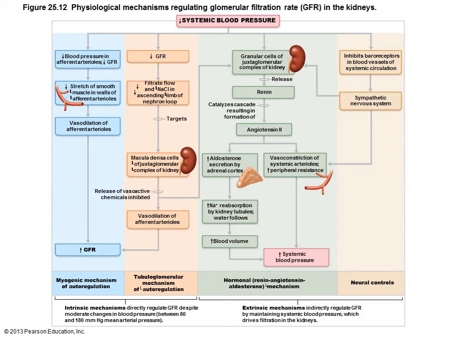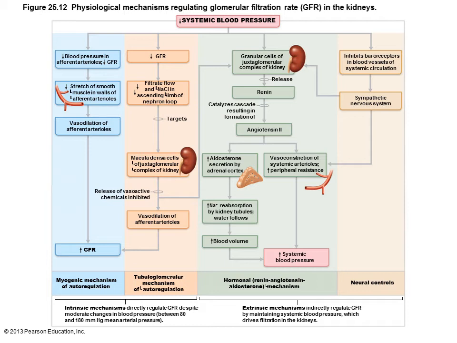As I talked about earlier, the sodium chloride in the ascending limb of Henle is going to be a lot less than normal, so macula densa cells will talk with the JG cells in the afferent arteriole: come on, you need to dilate so that more blood can come in, so pressure can go up. So this is how the glomerular filtration rate can go up. At the same time, since the pressure is down, they will make the afferent arteriole dilate. That's how they communicate with each other.